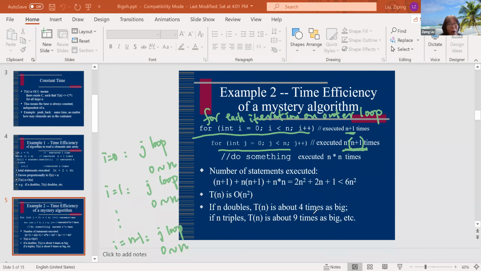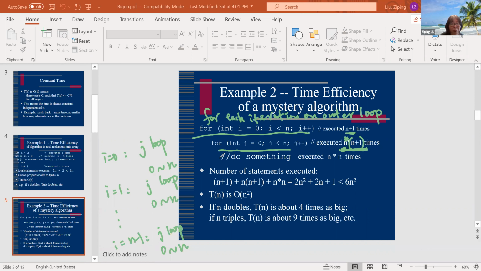N plus 1. Then totally how many times is it going to be repeated? N times. That's how we come up with N times N plus 1 for the inner loop statement itself.